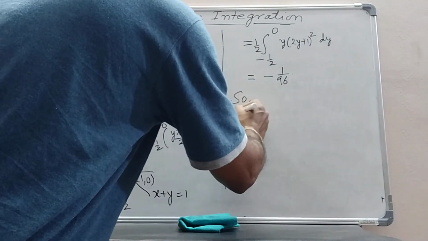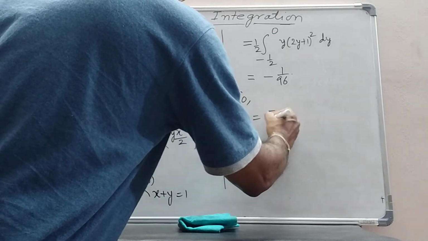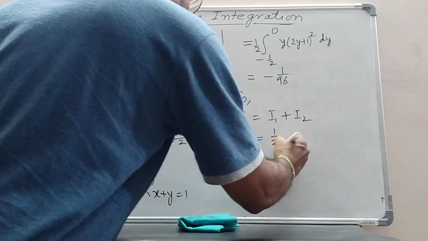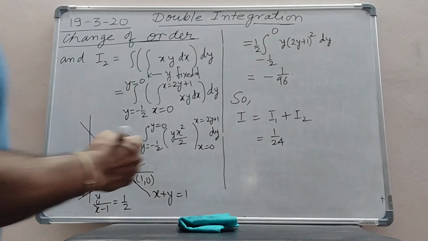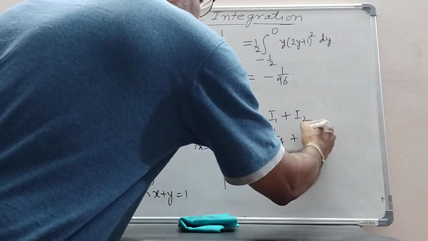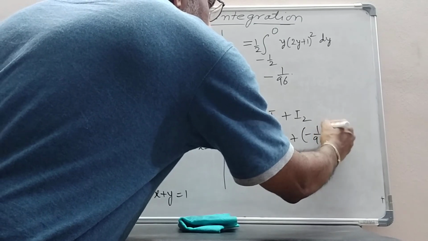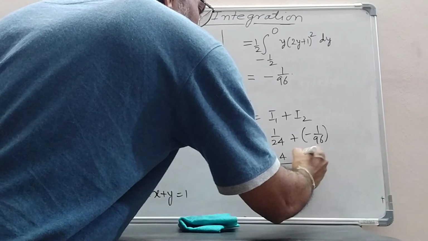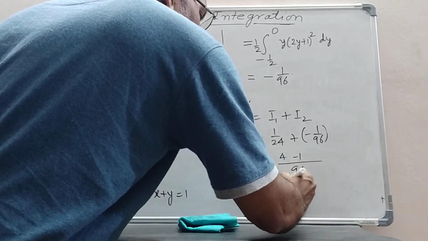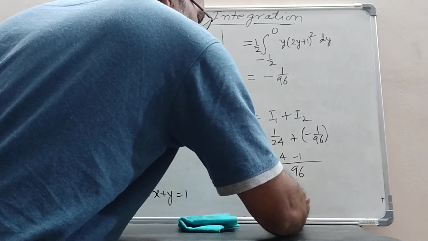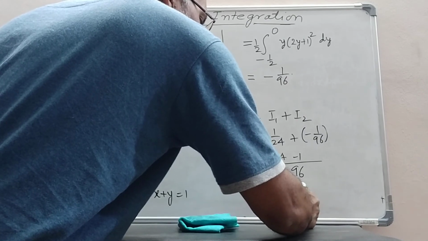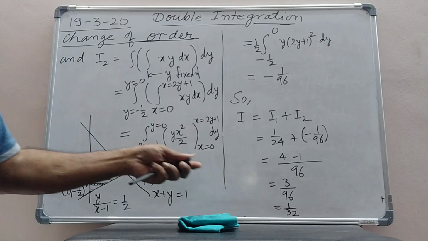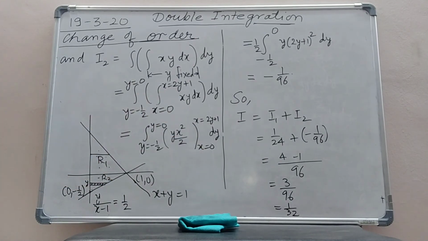So I, which was I1 plus I2, is 1 over 24 plus minus 1 over 96, which is 1 over 32. All right. So we get the same value.